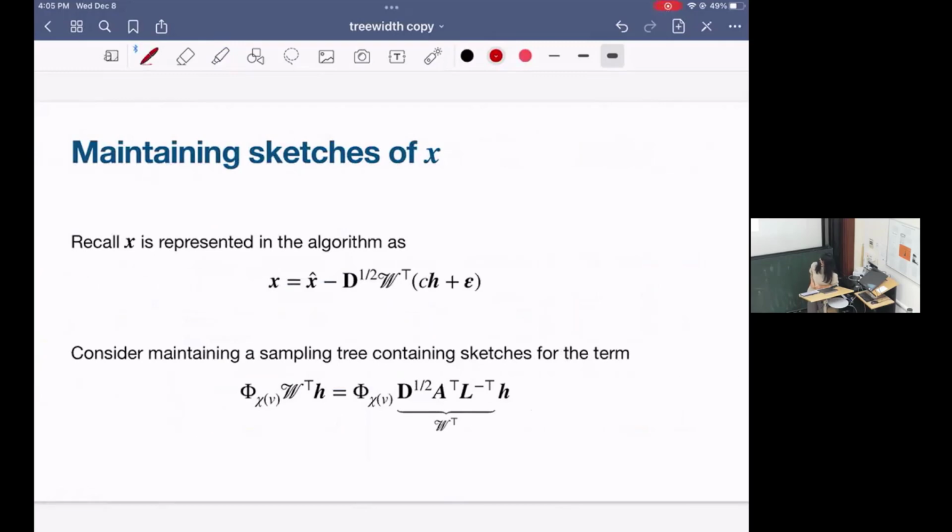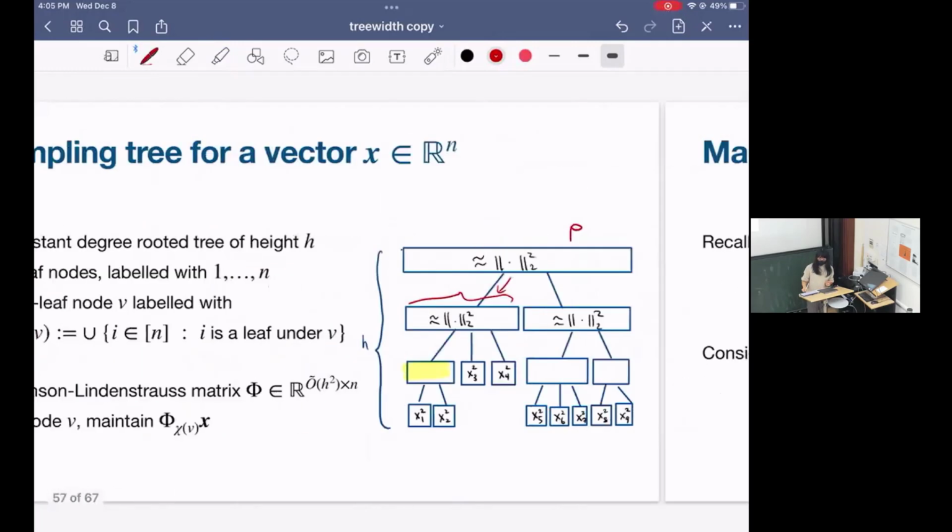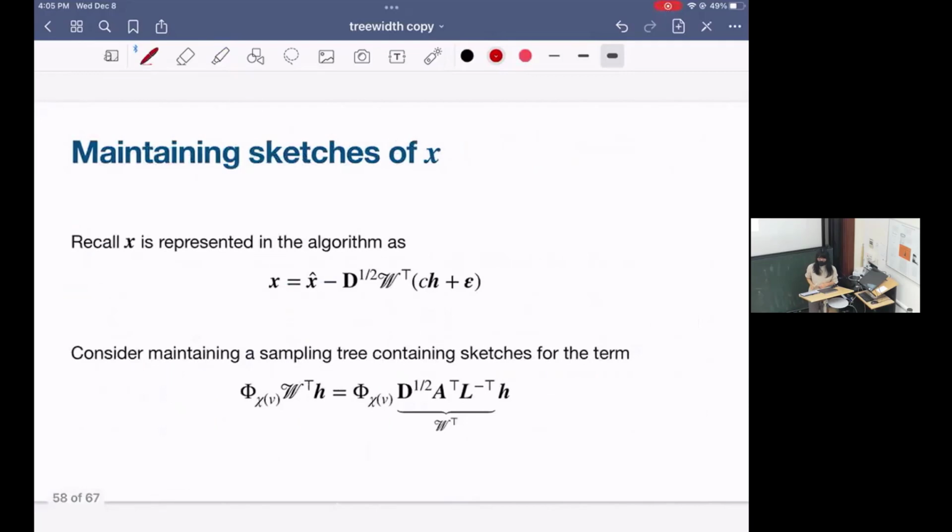Okay, so we're going to use the sampling tree in order to maintain some sketch of the vector x. And remember, x is represented in this complicated form, and let's just consider this most involved term, which is of the following form.